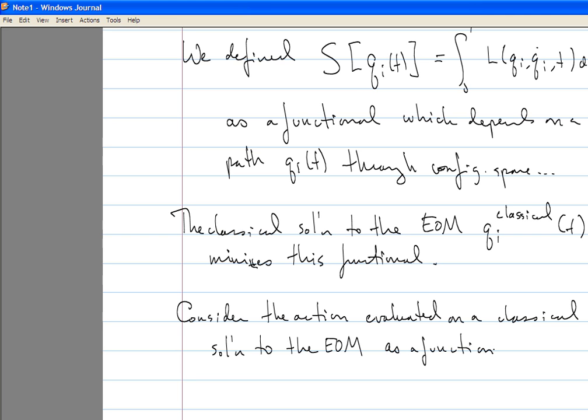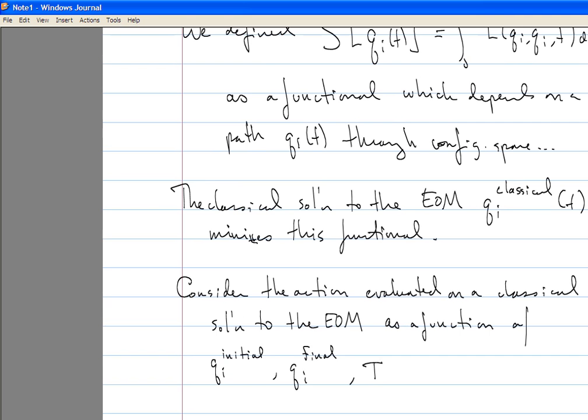So what does it take to specify a solution to the equations of motion? Well, you need to specify the initial value of the positions, the final values of the positions, and if you wish to calculate the action of the system as it evolves from the initial to the final positions, then you have to think of it as a function of the time t that you are integrating the Lagrangian over.